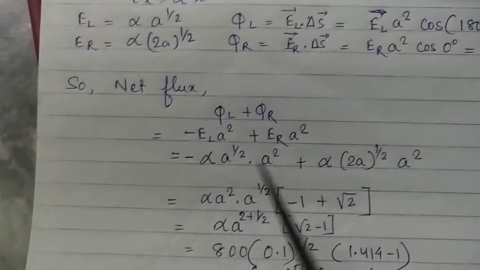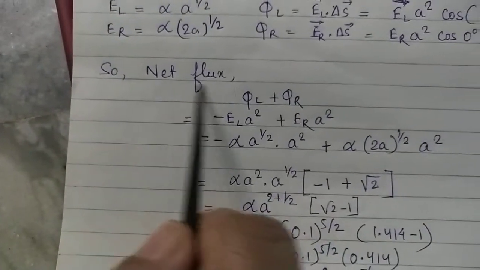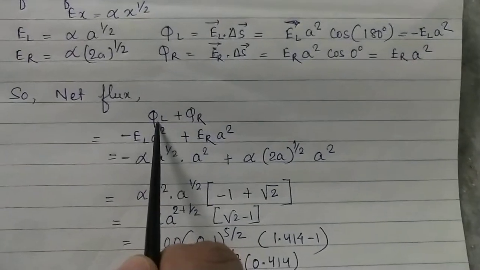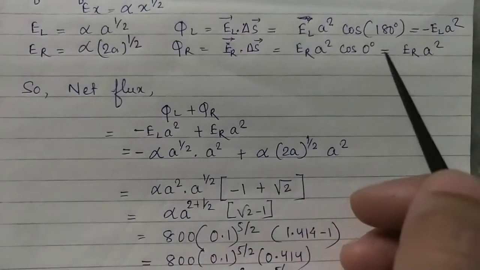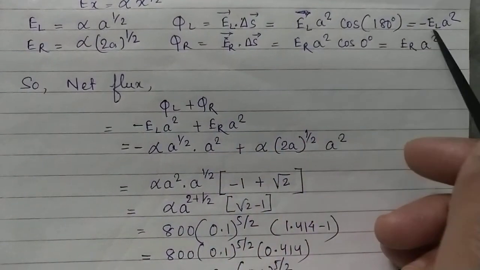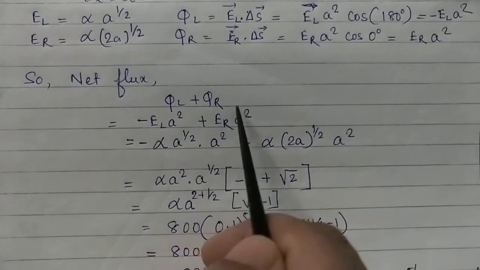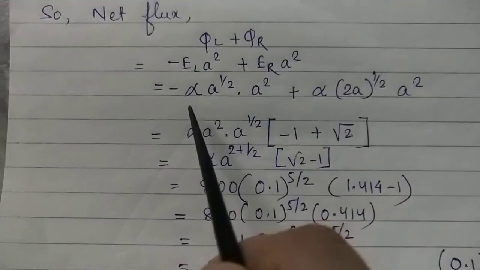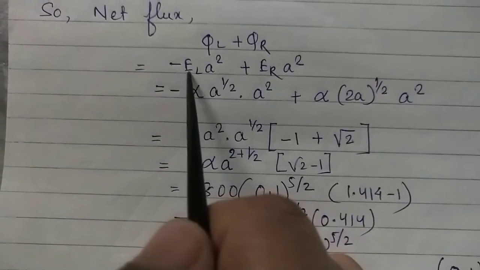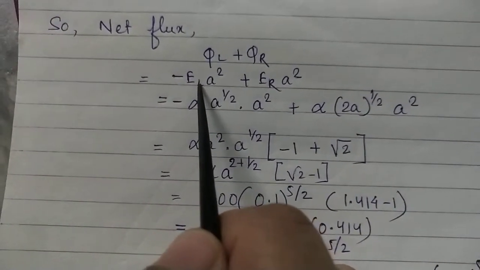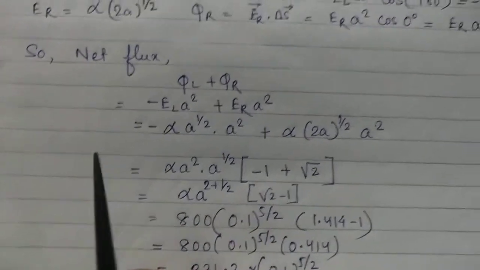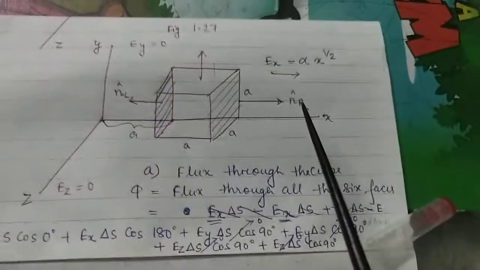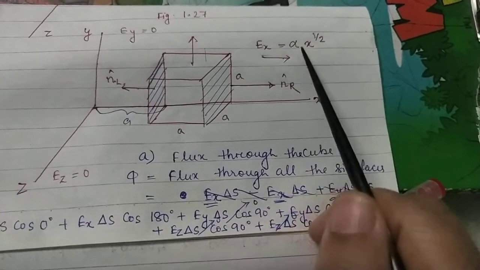Very good. Next, the total flux will be flux through the left face plus through the right face. Flux through the left face is minus E_L a squared, flux through the right face is E_R a squared. We will add these, and in place of E_L we will put the value as given: E_x equal to alpha x to the power 1 by 2.